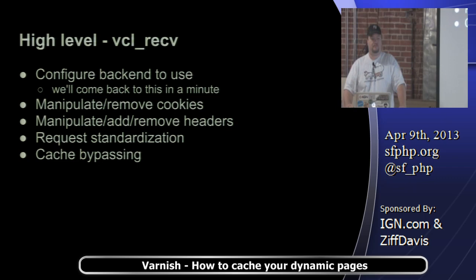When you're talking about standardizing the request to increase the cacheability, are you talking about increasing the cacheability within Varnish or for something upstream? Either. The cacheability within Varnish, so that when Varnish goes to look up the cache key, it finds more requests that match that cache key.